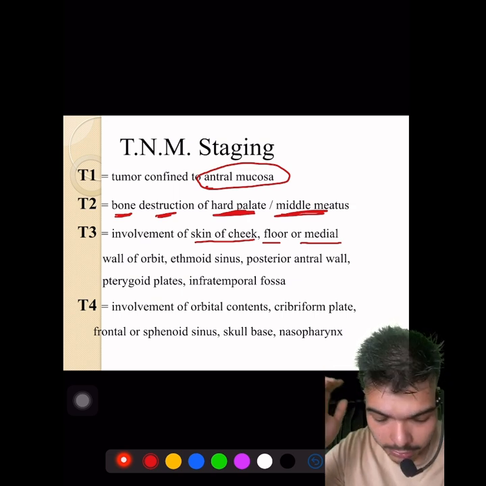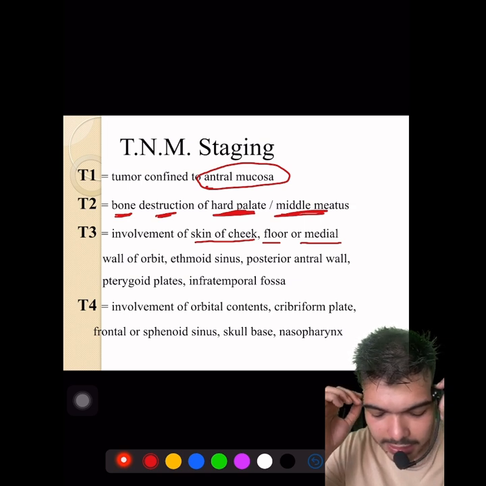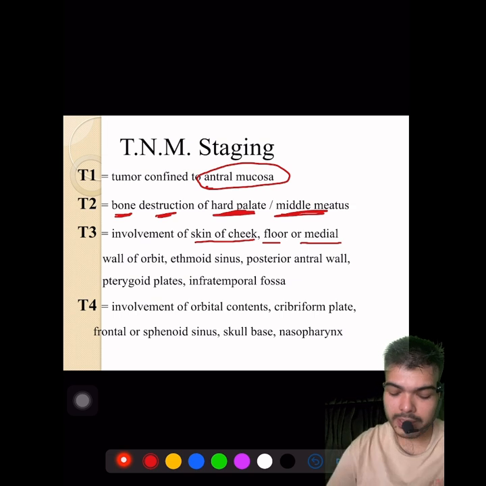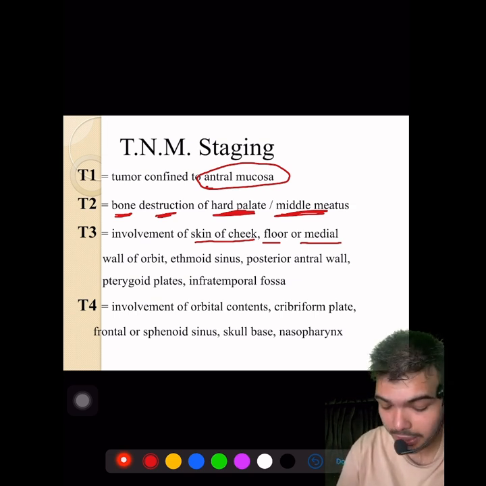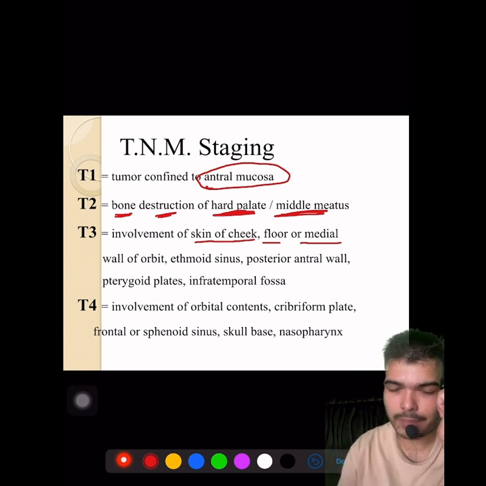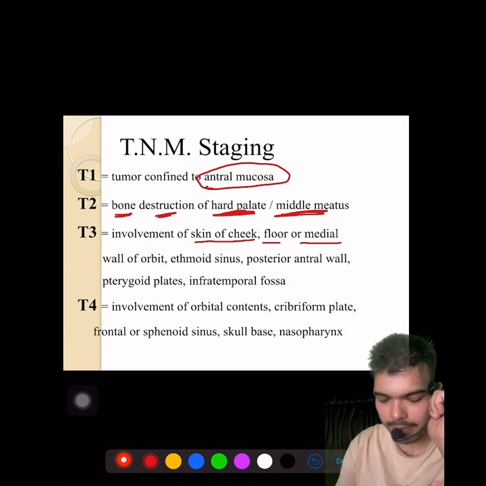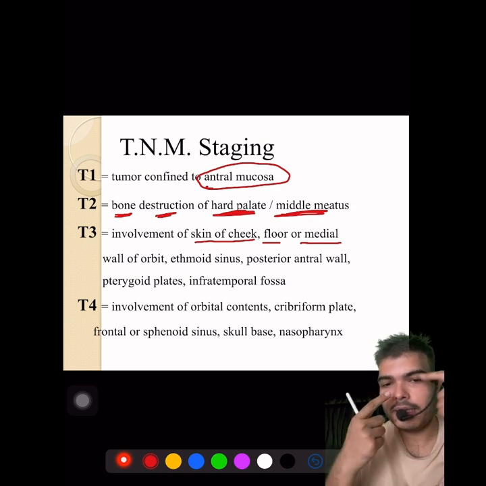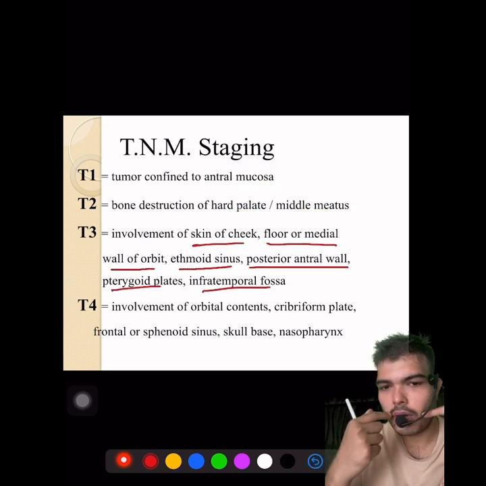Now it's coming to the T3: involvement of the skin of the cheek, floor of the medial wall of the orbit, ethmoidal sinus, posterior antral wall, pterygoid plate, infratemporal fossa. All around this area.